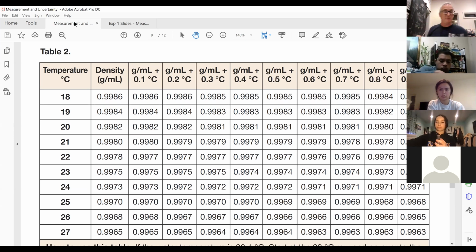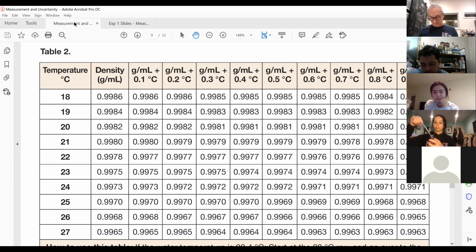When it was empty, it was 26.54, and now it is 44.65. I don't have my calculator with me. So 44.65 subtract 26.54.